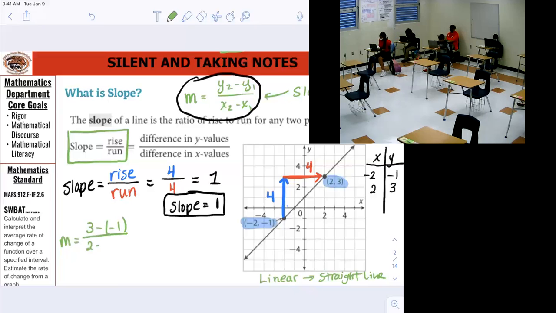So I have 2 minus -2. And remember, what happens with these double negatives? They turn into a plus sign, exactly. So I have 3 plus 1 over 2 plus 2. What's 3 plus 1? 4. 2 plus 2? 4. And 4 divided by 4? 1. So notice I got the same exact answer because I'm technically doing the same exact thing. It's just 2 different ways.